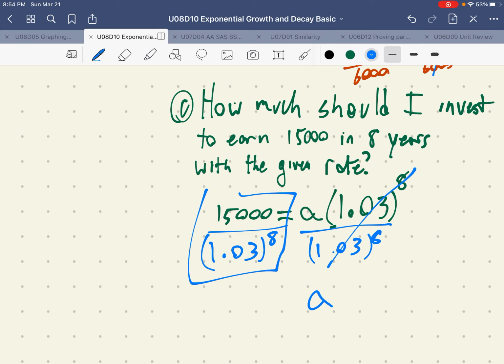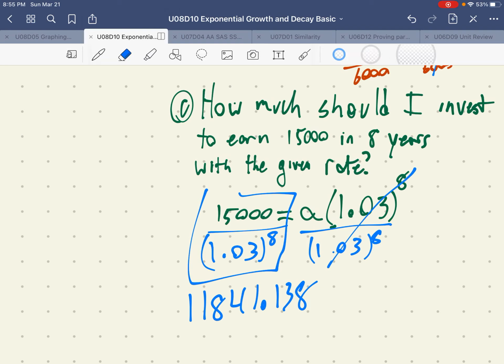I'm just going to use my calculator now. 15,000 divided by 1.03 to the power of 8 is $11,841 and 138 cents. So that will be the value that we should have started with if we wanted to earn $15,000.